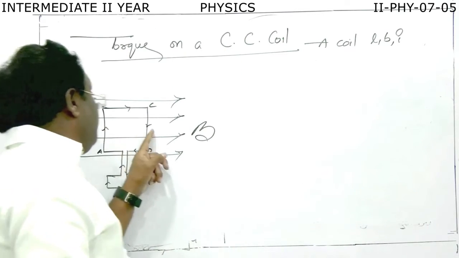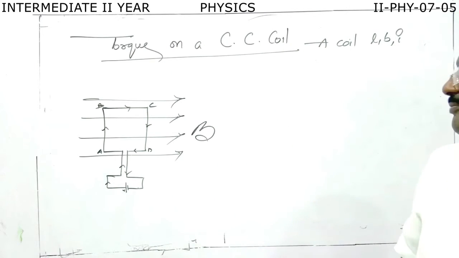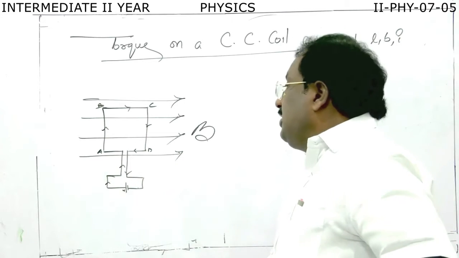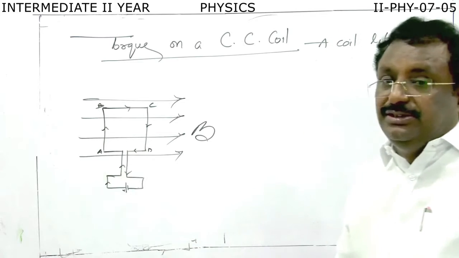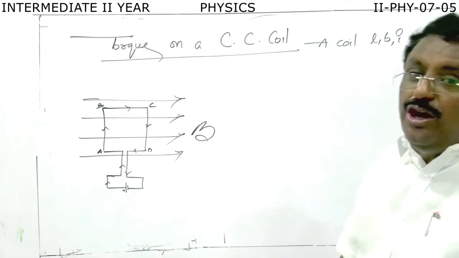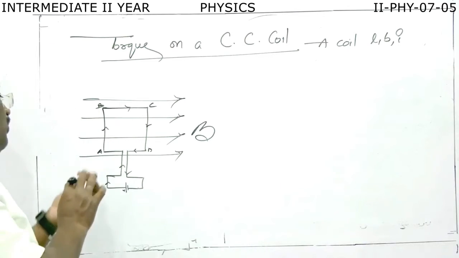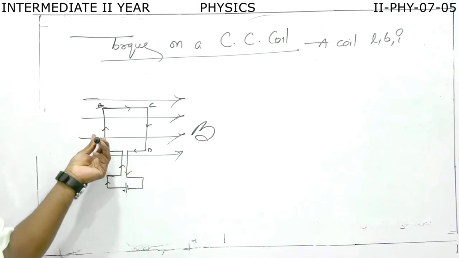Only the two vertical sides, AB and CD, may experience force. Here the direction of flow of current is opposite in these two sides, so the force acting on them is also opposite. On AB, the direction of force is like this. On CD, the direction of force is inwards.